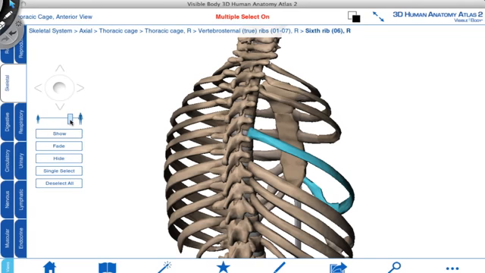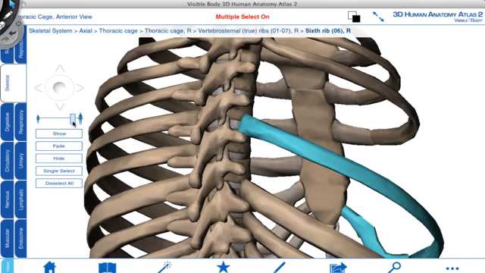I'm just going to zoom in a little bit so we can get a better look. The joint that we're going to focus in on is called the joint of the head of the rib. And the structures that actually articulate to form this particular joint are the head of the rib, articulating with the thoracic vertebrae, and also an intervertebral disc.